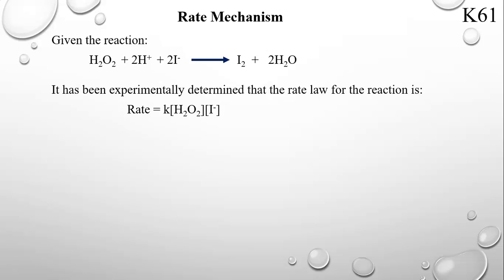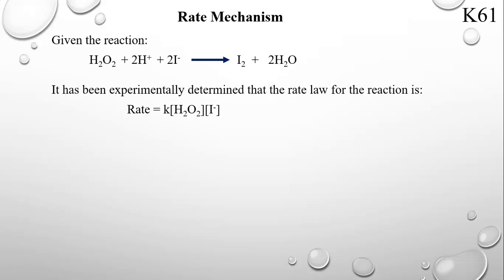Okay, now we're going to study the rate mechanism for this reaction. So let's say that it has been experimentally determined that the rate law for this reaction is rate equals rate constant K times the concentration of H2O2 times the concentration of I minus. Okay, remember how we did that when we had the table of concentrations of the different reactants and the rates, and you had to isolate them one at a time and figure out what the exponents were and what the K was.